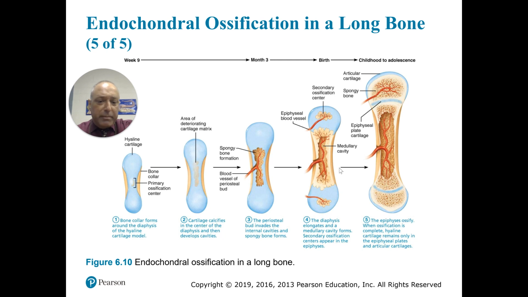So after the formation of the medullary cavity, the diaphysis is formed, the epiphyseal plates, as well as spongy bone at each epiphysis. Then there's a layer of articular cartilage that is laid down on each end.